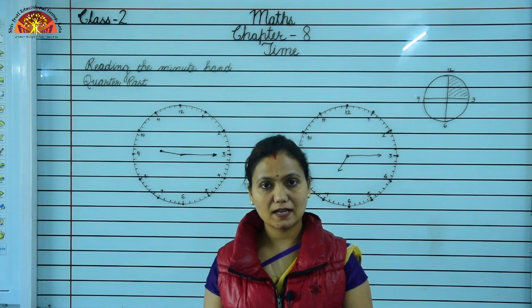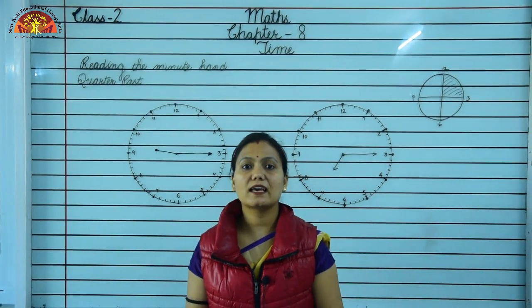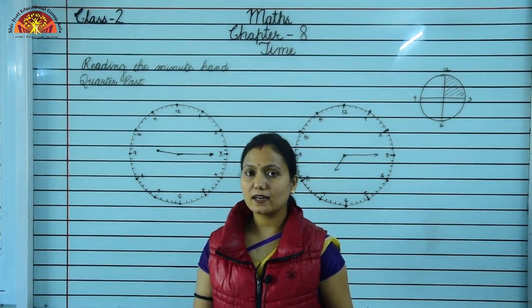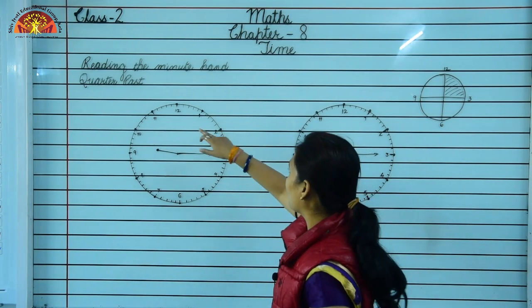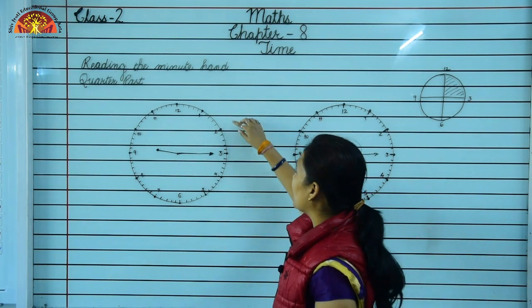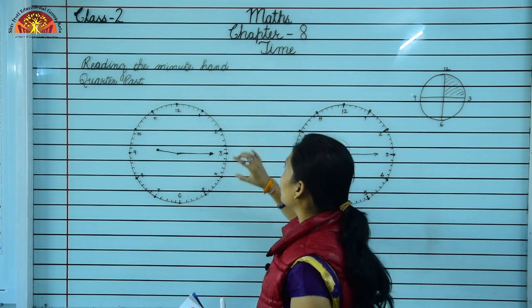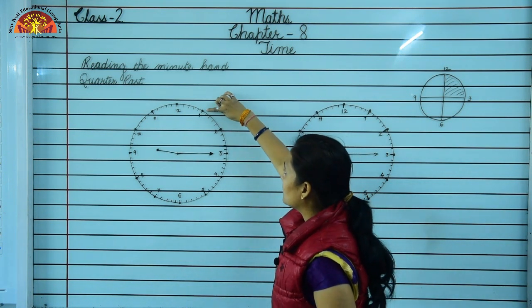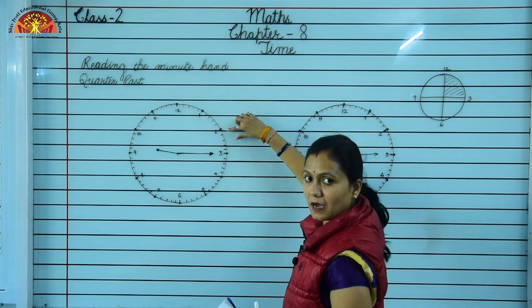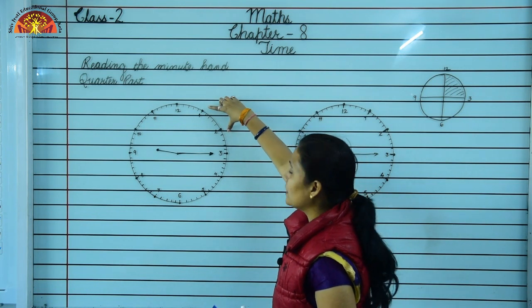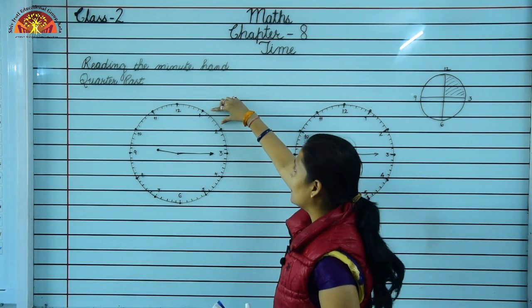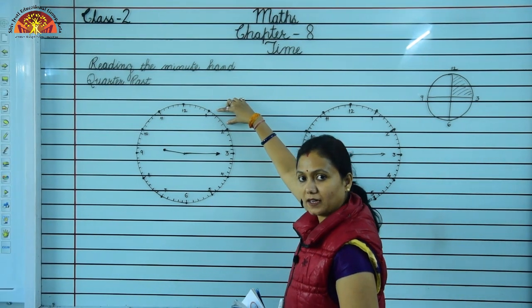Reading the minute hand. So students, as I have already explained, there are 60 markings on a clock face, and each marking denotes 1 minute. These are two big markings, and between two big markings there are four small markings.